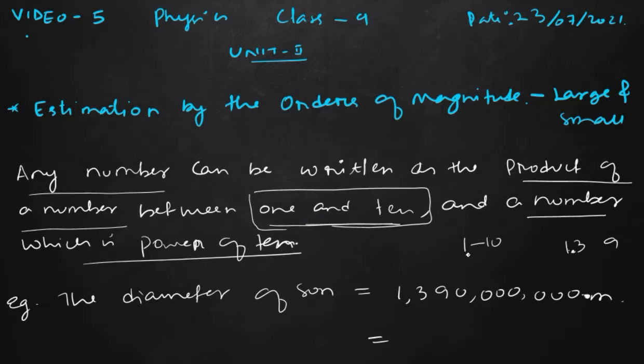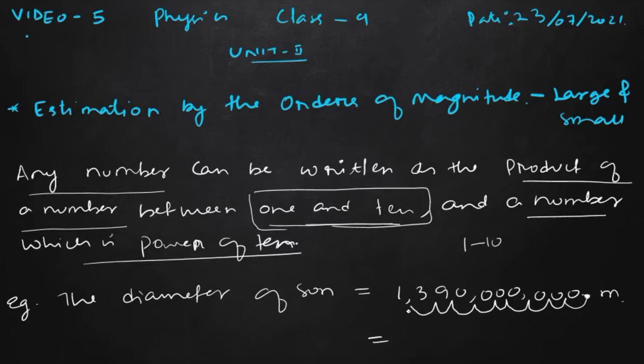So we have to bring the decimal which is at the end to here. How many digits will it move? 1, 2, 3, 4, 5, 6, 7, 8, 9.